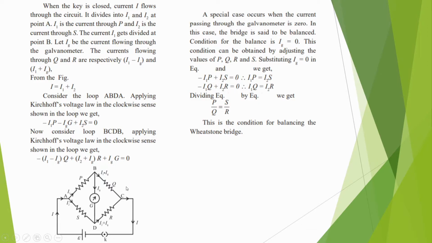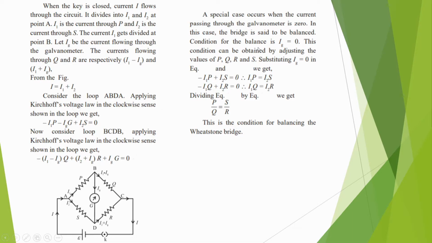So both equations are clear: the equation for loop ABDA and the equation for loop BCDB, according to the sign convention. Then a special case occurs when the current flowing through the galvanometer is 0. In that case, we say that the Kirchhoff's bridge is balanced.